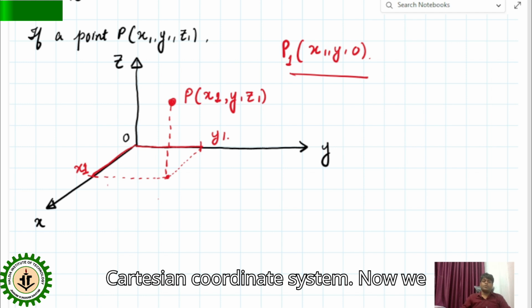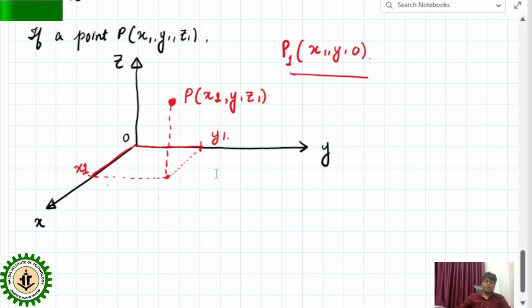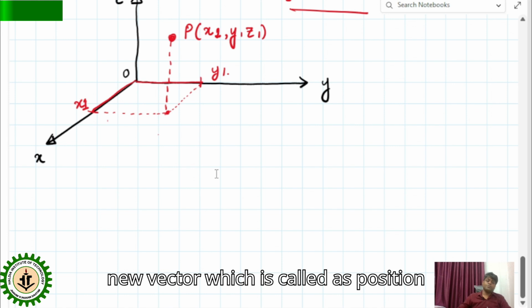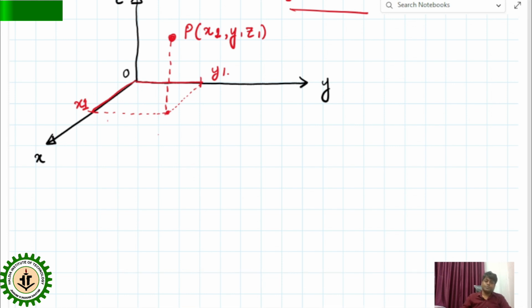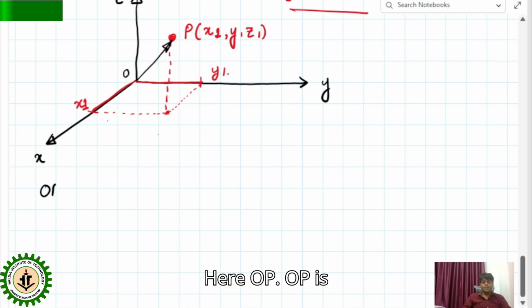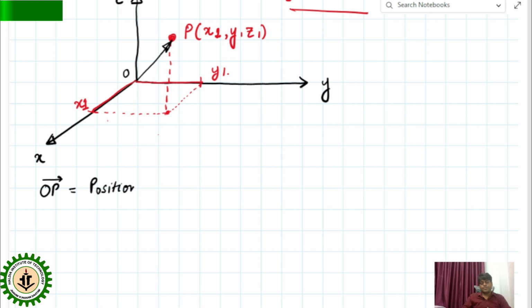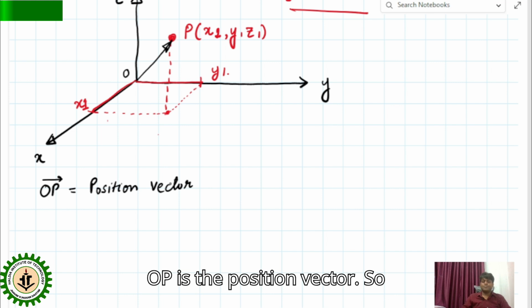Okay, now we are going to define one new vector which is called the position vector. So what is a position vector? So a vector, this is OP. Okay, here OP is the position vector.